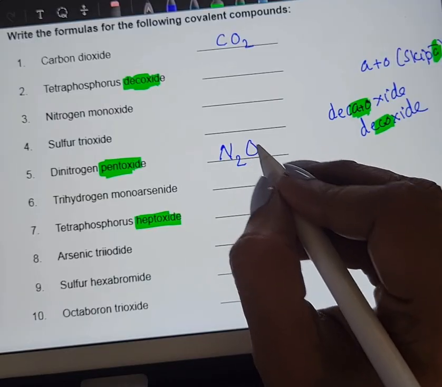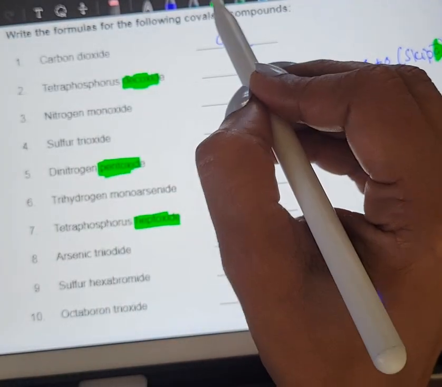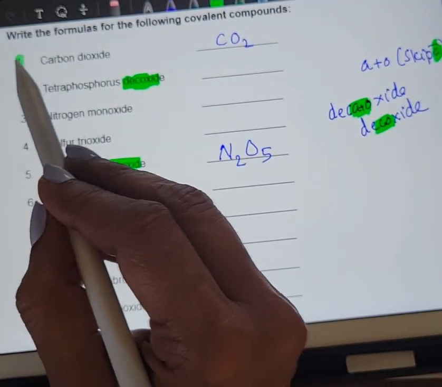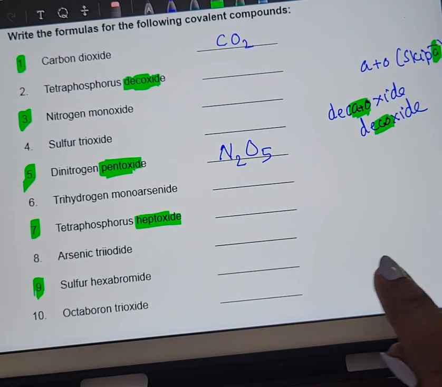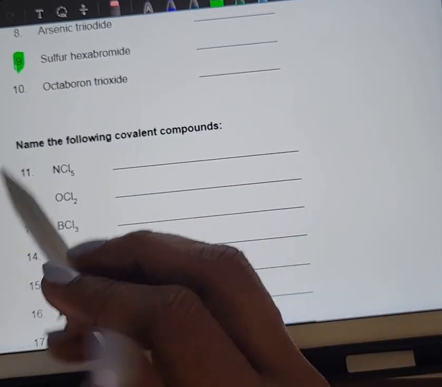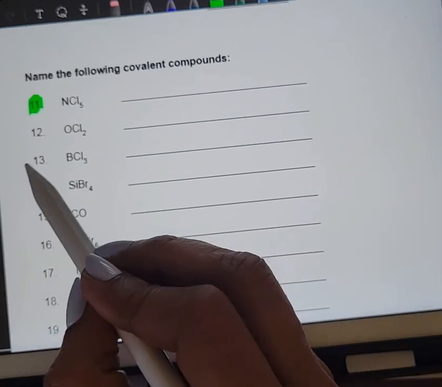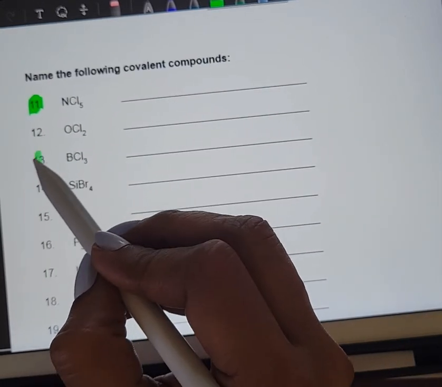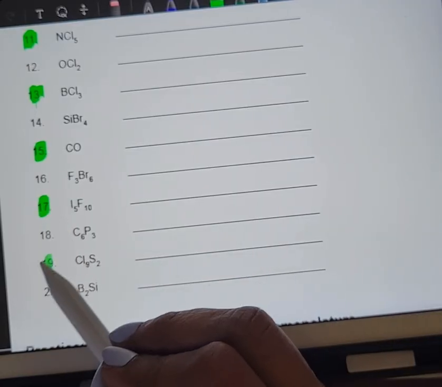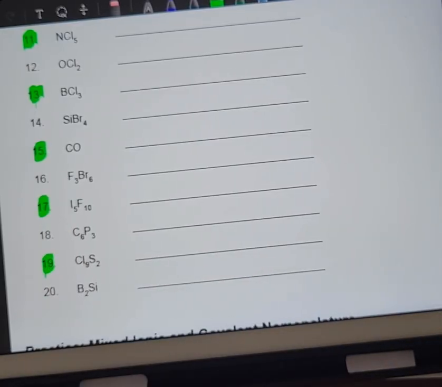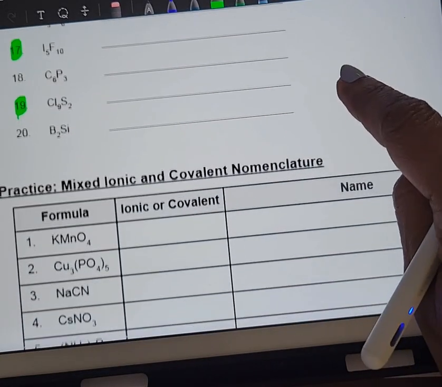Pent means how many? Pentoxide. Okay. Now stop the video everyone and do 1, 3, 5, 7, 9. Then do number 11, 13, all odd numbers. Do all odd numbers. You can stop the video for 10 minutes, okay? Then do that. Once you're done, unpause the video and go here, okay?